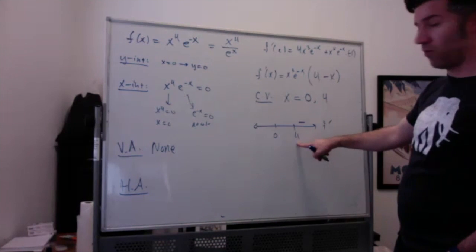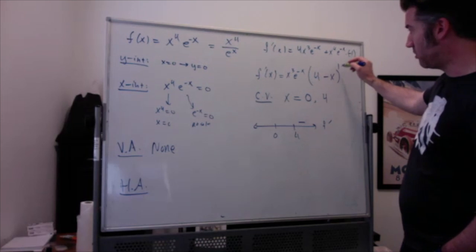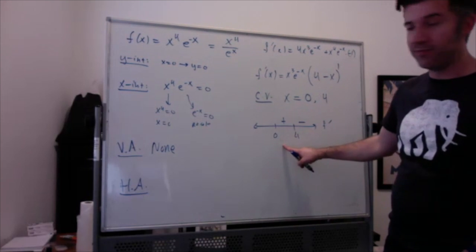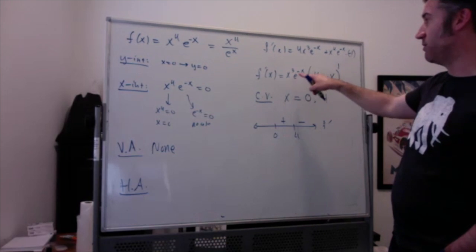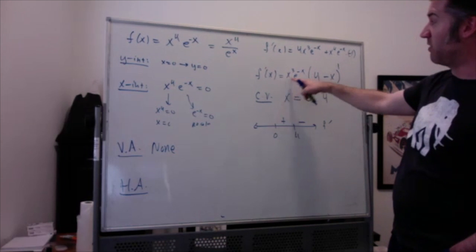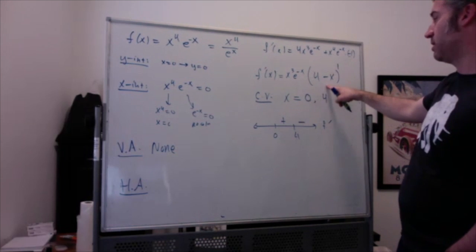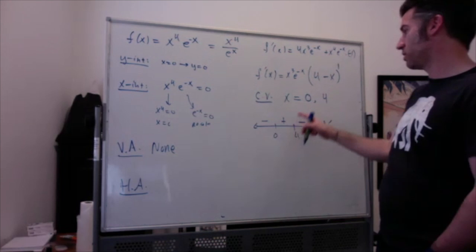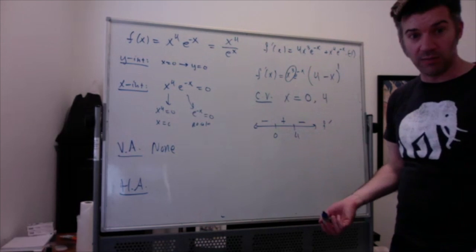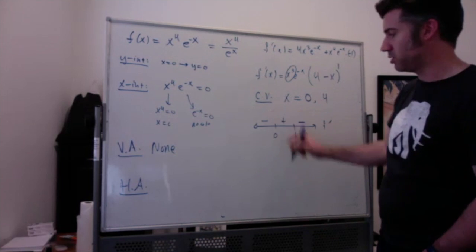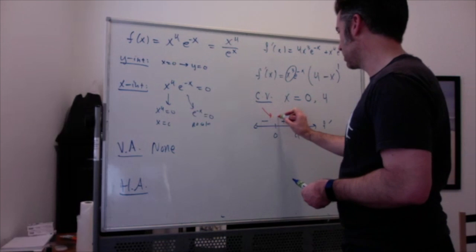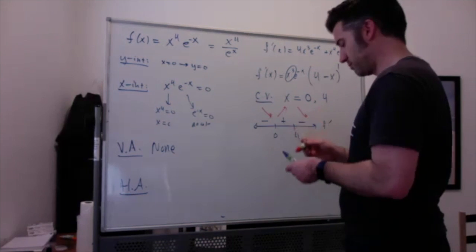And then you can say the 4 comes from this factor with an odd multiplicity, so the sign is going to change. Or you could pick 1 and say this is positive, this is positive, this is positive. And then you can pick negative 1 and say this is negative, this is still positive, this is positive, so the whole thing is negative. Or you could say the 0 came from this x cubed factor, which has an odd multiplicity, so the sign is going to change. So our function is decreasing, increasing, decreasing.